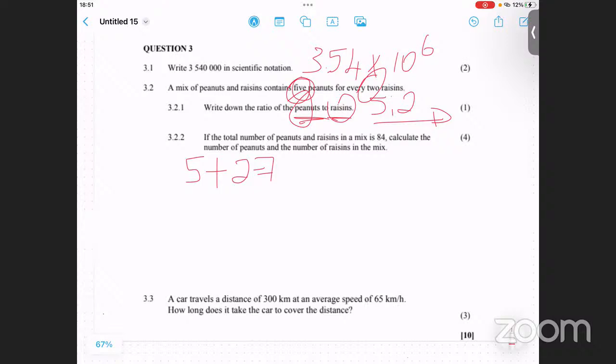And Wiganyo, how are you doing it? Ma'am, I think I'll say 84 divided by 5 is going to give us. And why are we dividing?